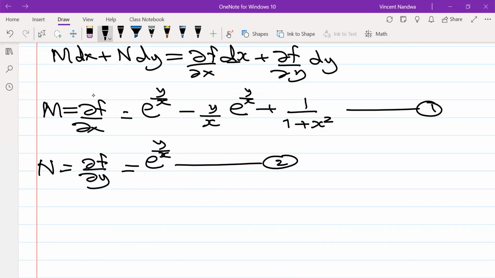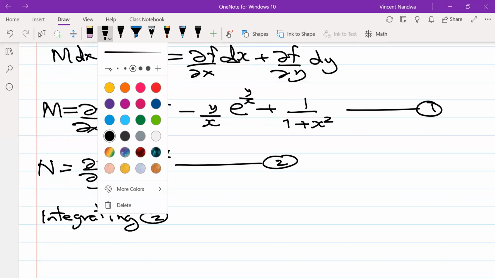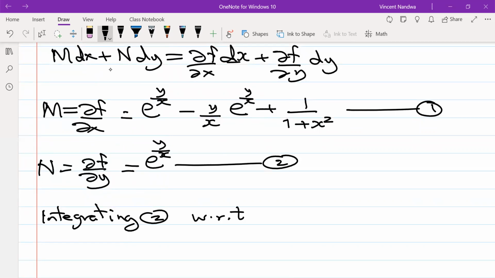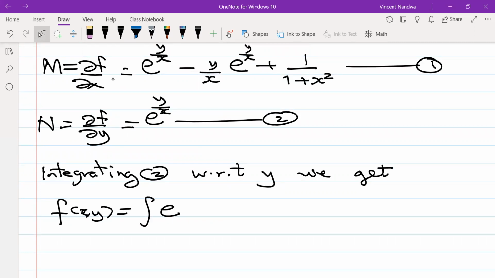If I pick 2, integrating equation 2 with respect to y, we get f of x, y is the integral of e raised to power y over x dy.